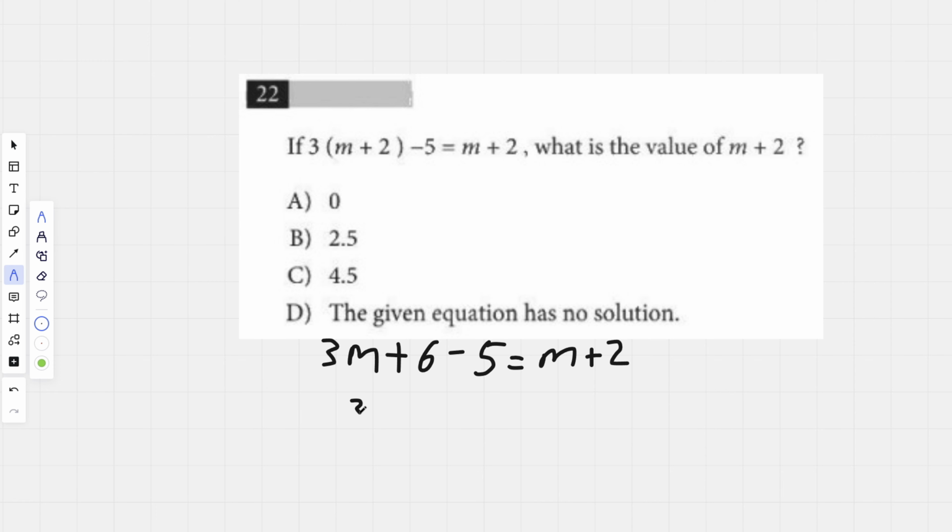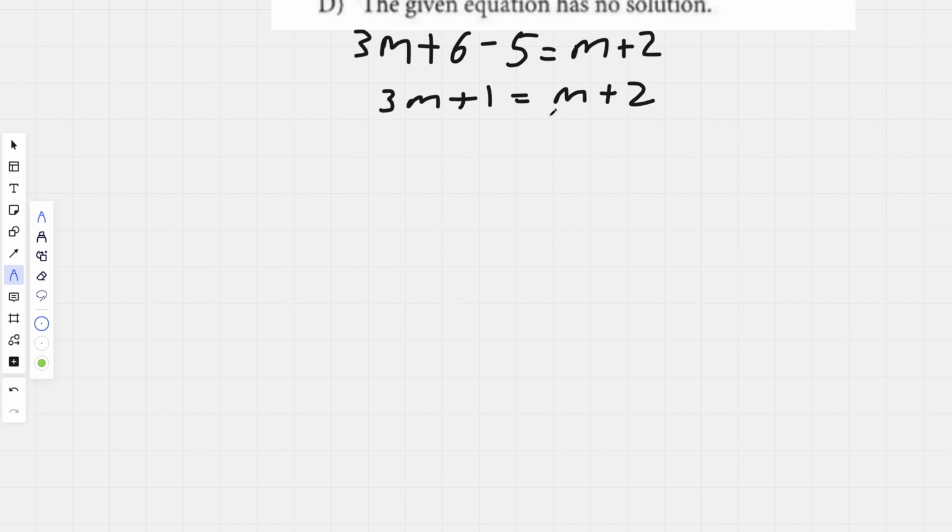So I write 3n plus 1 equals n plus 2. And again, just doing my basic algebra, I get minus n from both sides, 2n equals 1 after subtracting 1 from both sides, and I get n equals 1/2, or 0.5.